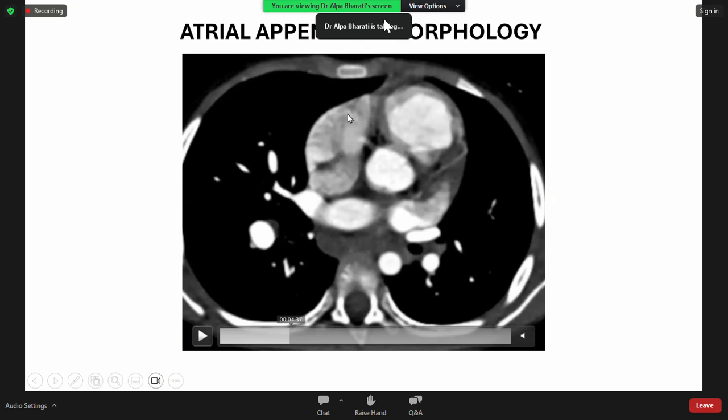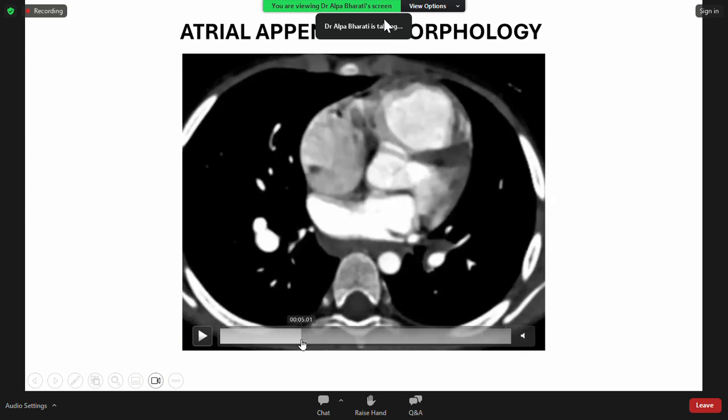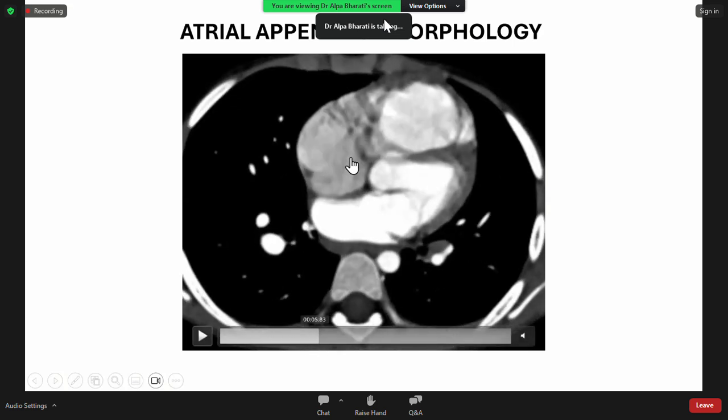Okay, you see a band which is coming along the atrial appendage, which is parallel to its length. Okay, this is the right atrial appendage. If we go down, we'll see that it is triangular. It has a wide opening along the atrial chamber. So if you see, this is a wide opening of the appendage. So this triangular structure is the right atrial appendage.